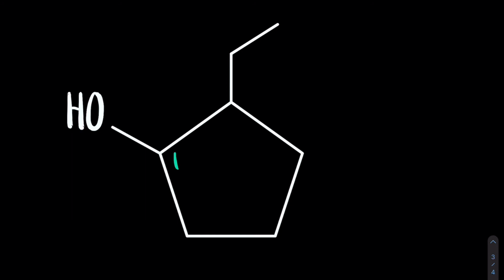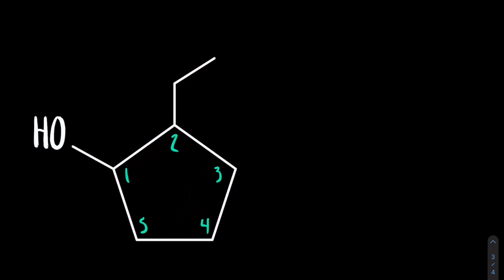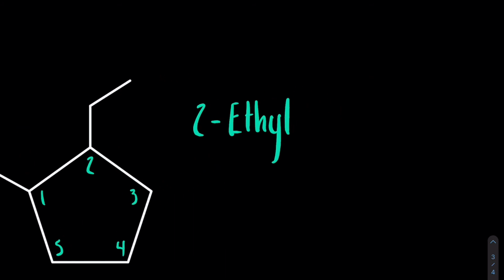It gets number 1, 2, 3, 4, 5. So this is a cyclopentane, and when we name this one, it's simply 2-ethylcyclopentanol.